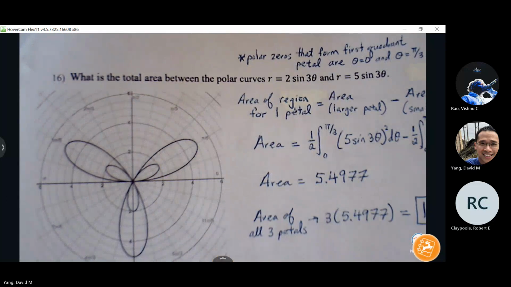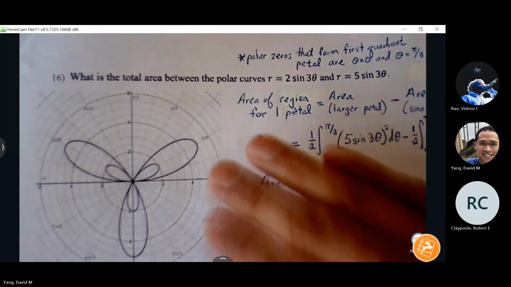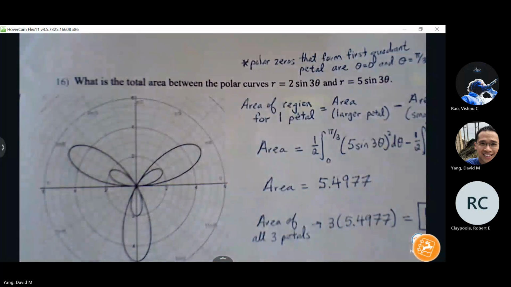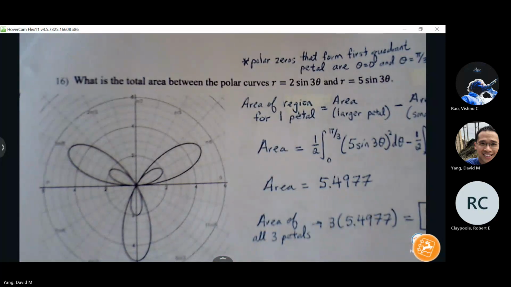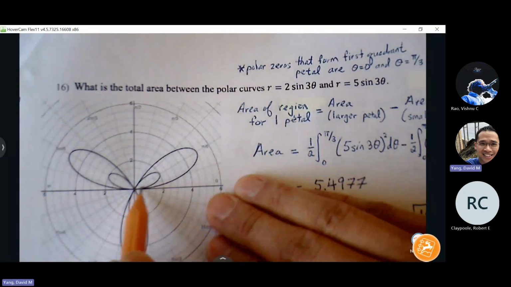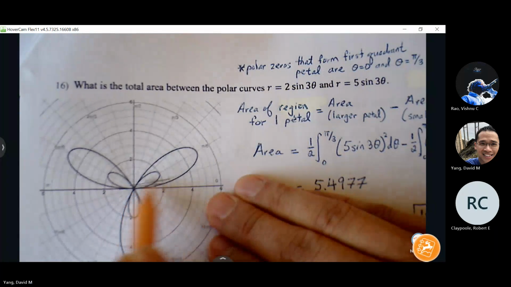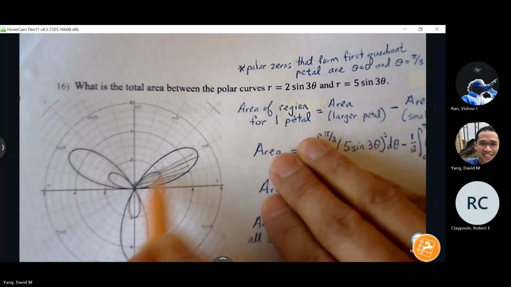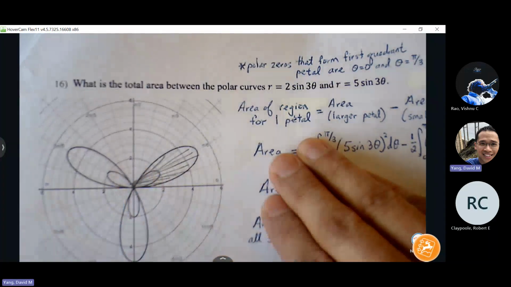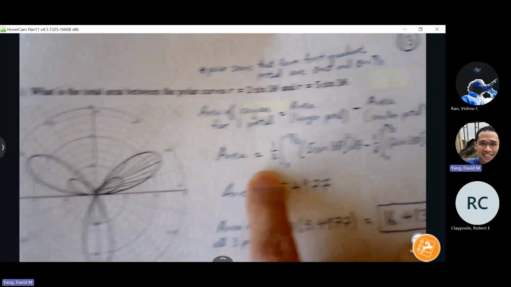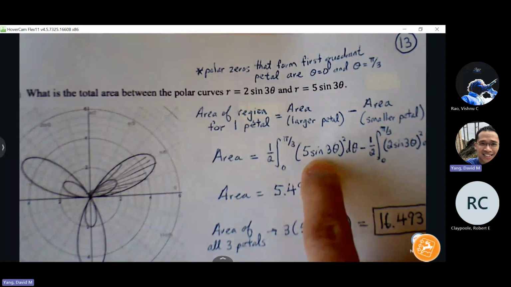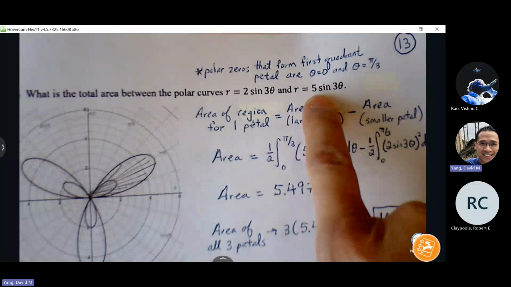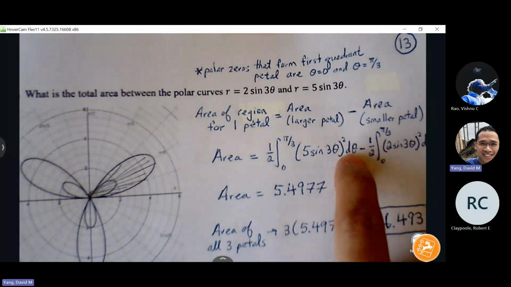So if we take the area of the large petal, that represents the 1/2 integral from 0 to pi over 3 of the quantity 5 sine 3 theta squared d theta.